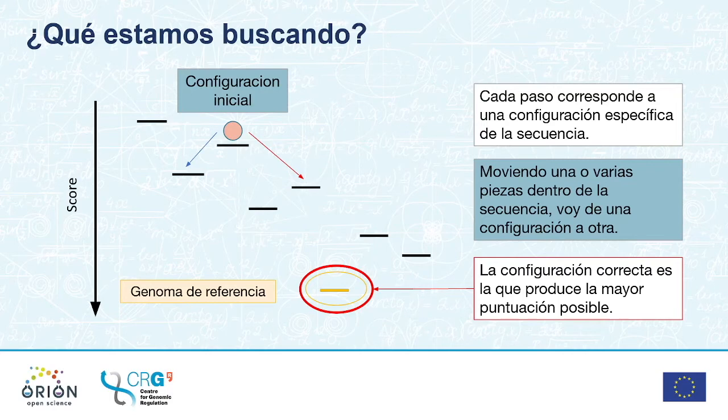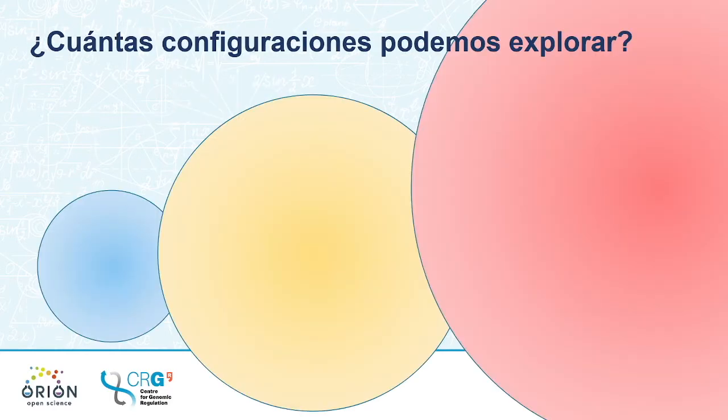But we know that in cancer cells there are also regions of the sequence where we can find rearrangements, and in this case we expect that the order of the fragments is different from that of the reference genome, whose configuration will therefore have a lower score than the one identified by the game as optimal. At this point, we can ask ourselves, how many DNA configurations can we explore with the game?